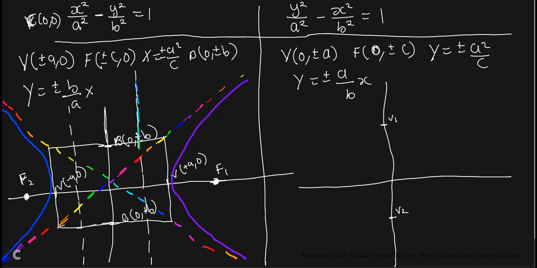What about your b? The b here is on the x-axis. You forgot to put that b. So it's somewhere here. So that is b1 and that is b2. So in this situation, you draw a box.